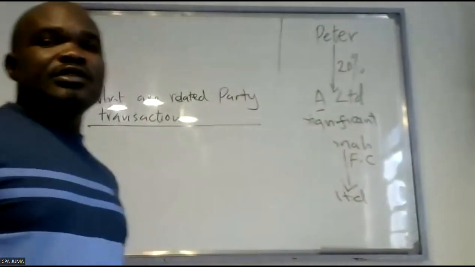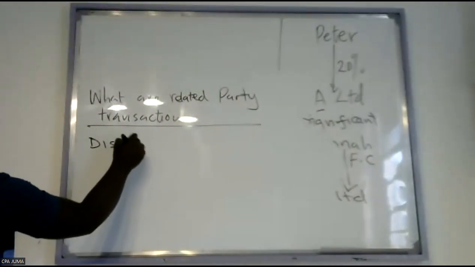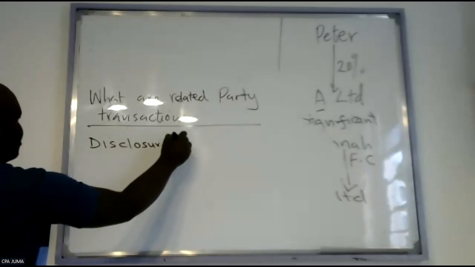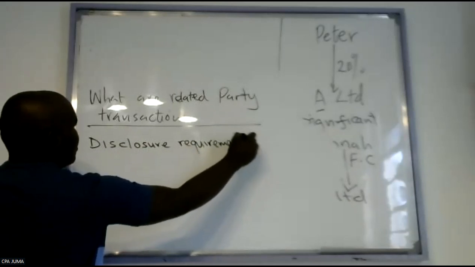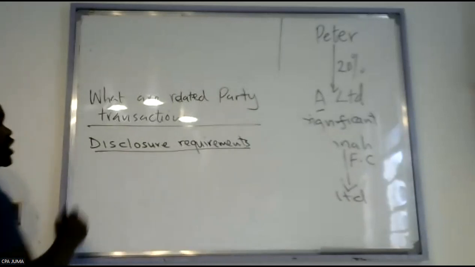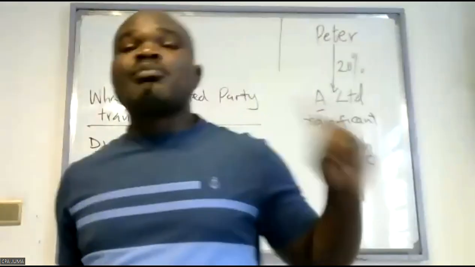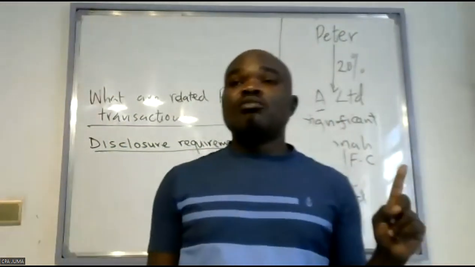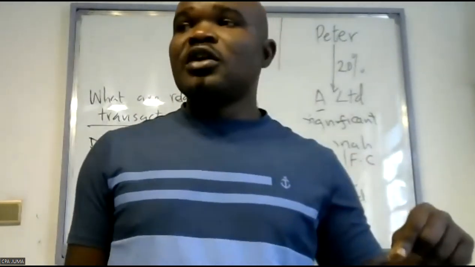Disclosure requirements. So what should the company disclose to us? Every company must disclose in their audited financial statements the existence of related parties.